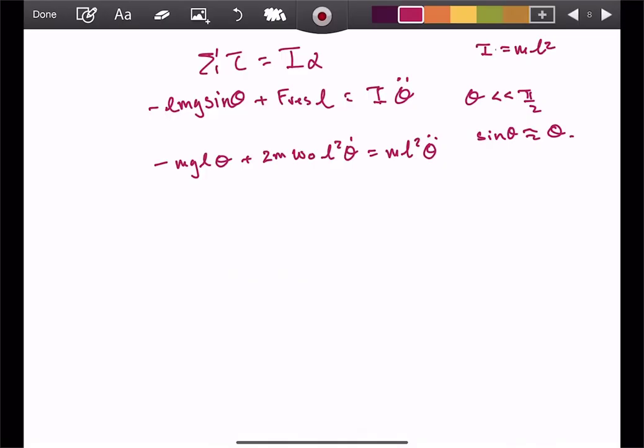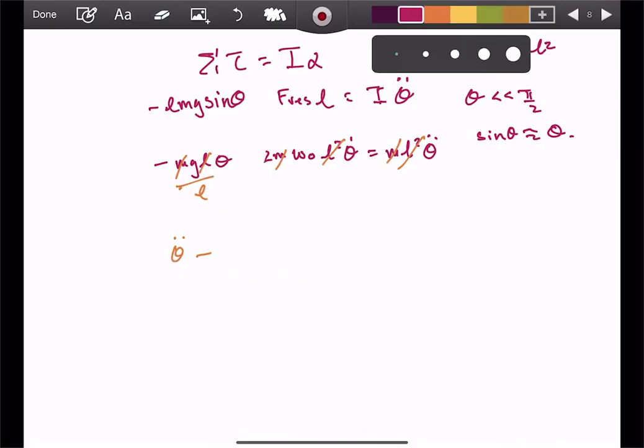From here, as always, what we want to do is simply isolate theta double dot. So we have a mass term in each term, so let's get rid of that. We have an L squared here and L squared here, so that's going to make this over an L. Let's rearrange things. I'm going to get a theta double dot, no, actually this is in the opposite direction, sorry, that should be a negative here.